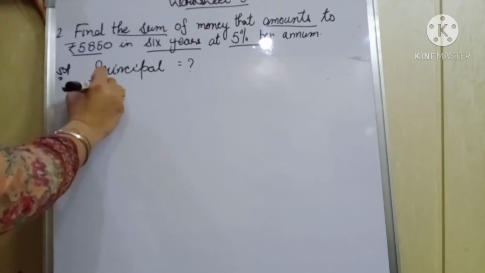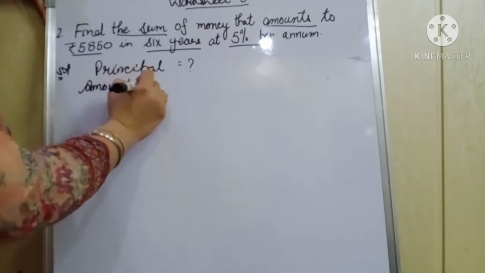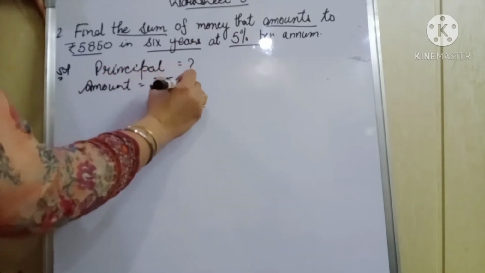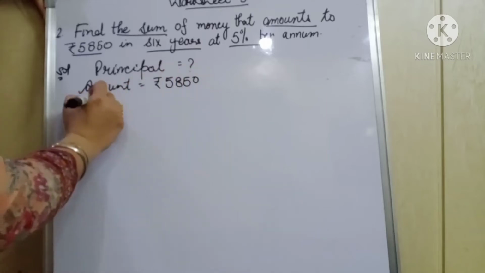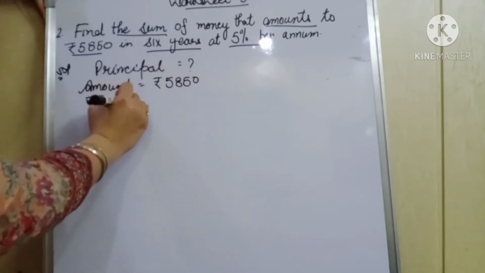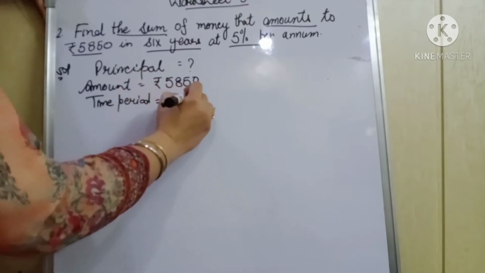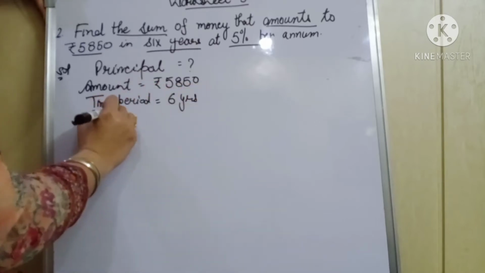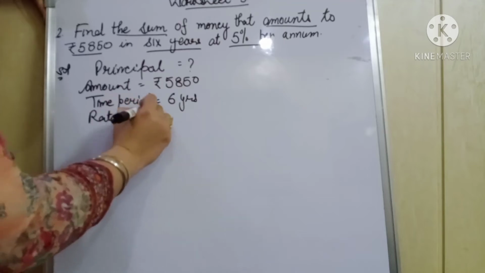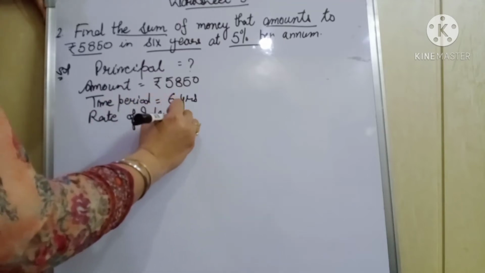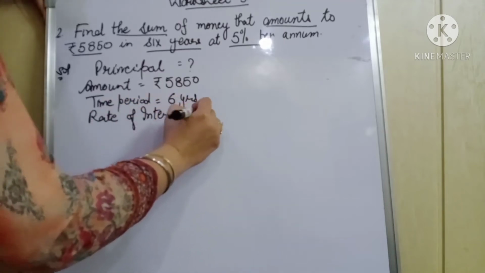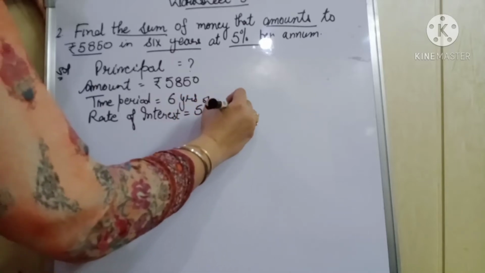Amount is equal to rupees 5,850. Time period is equal to 6 years. Rate of interest is equal to 5% per annum.